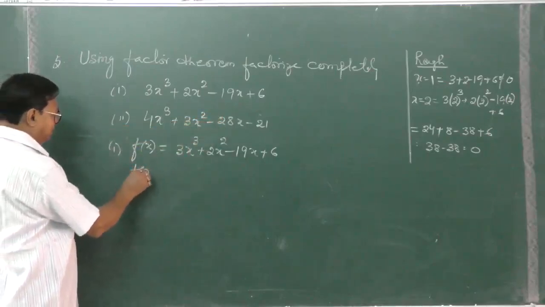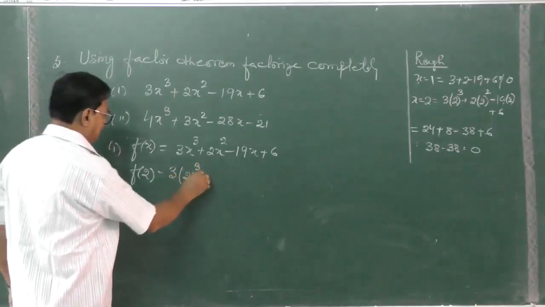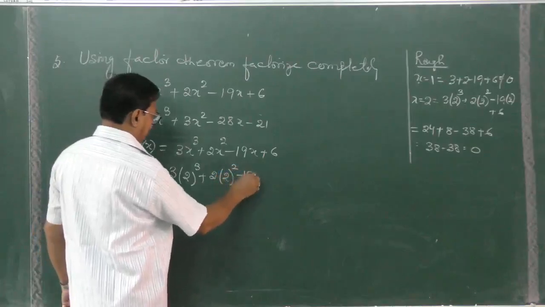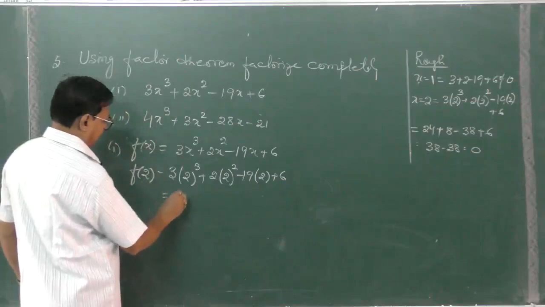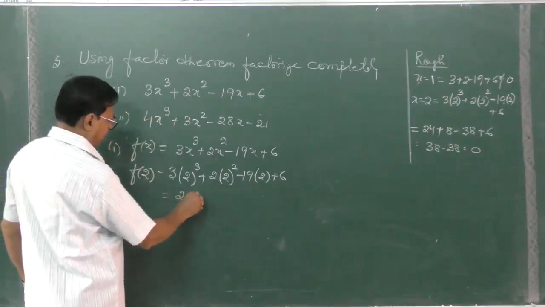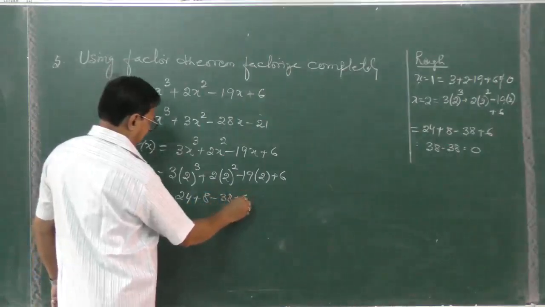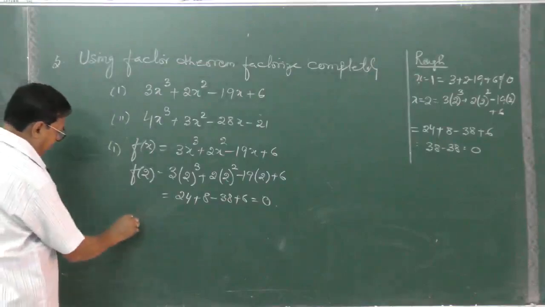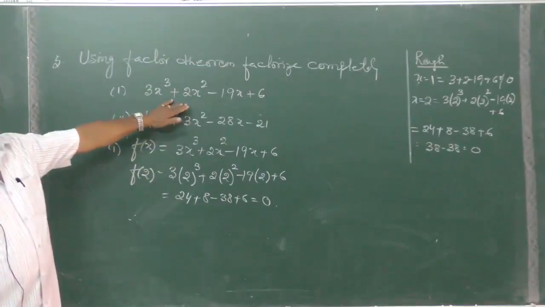So f(2), we got the remainder 0. So if by putting x equal to 2 the remainder is 0, what does it mean?